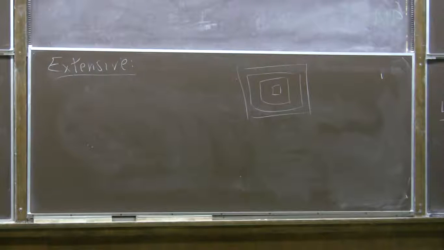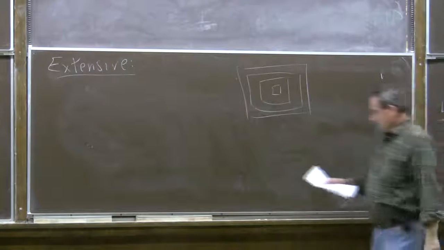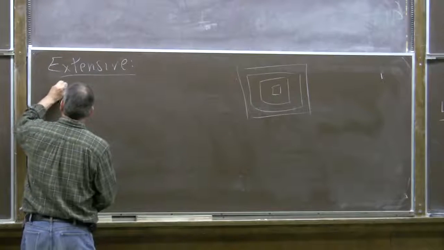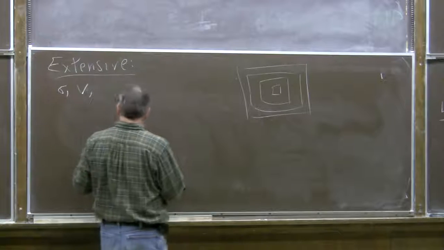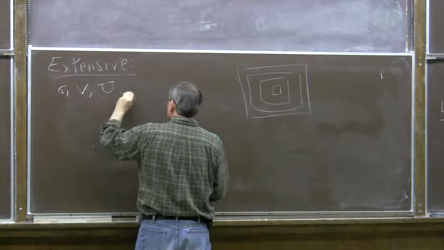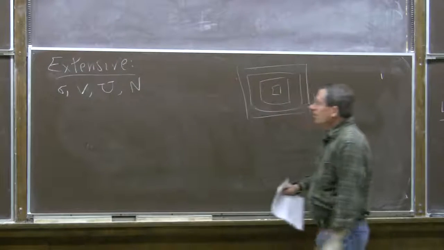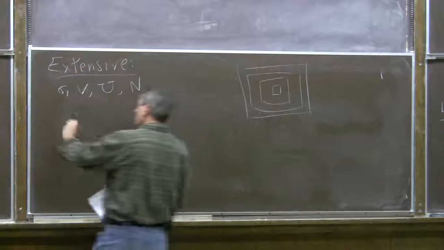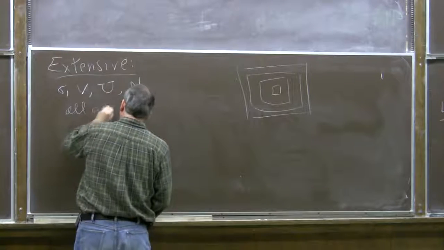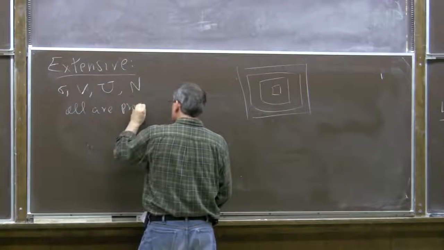Okay? Then the extensive quantities are, for example, entropy, volume, energy, number of particles. All of them scale linearly with system size, the volume, or the number of particles. So all are proportional to n.